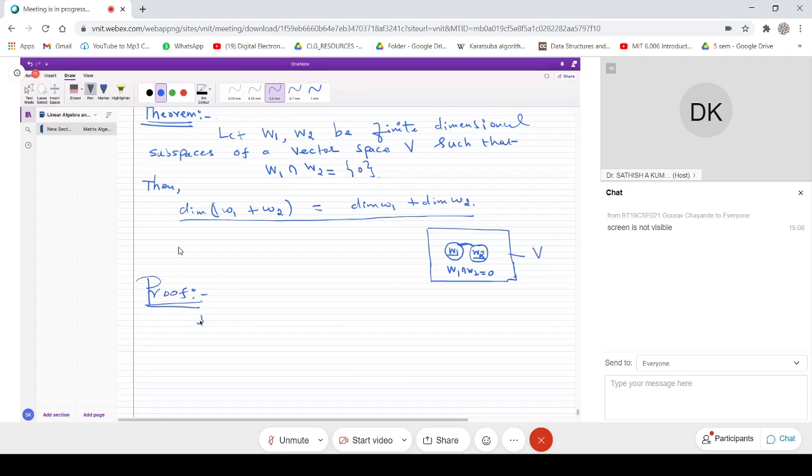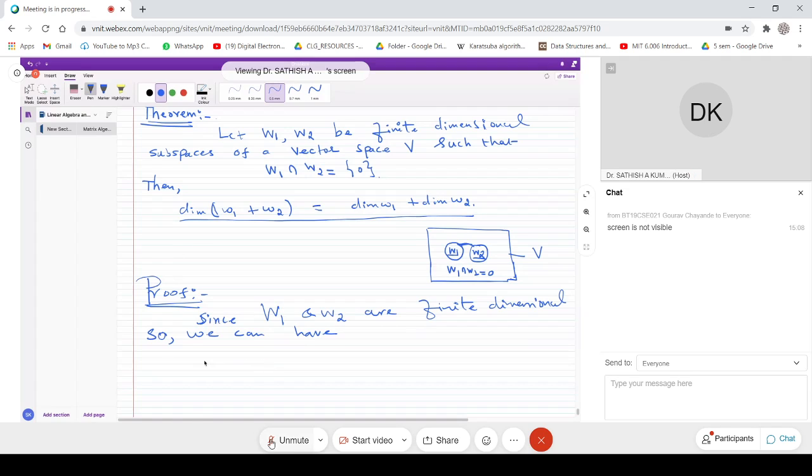So the first line we can write: since W1 and W2 are finite dimensional, we can choose two sets of vectors.